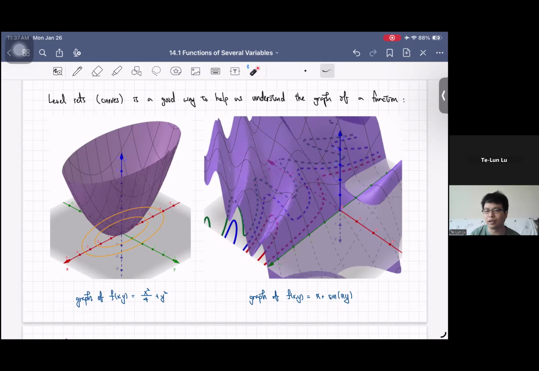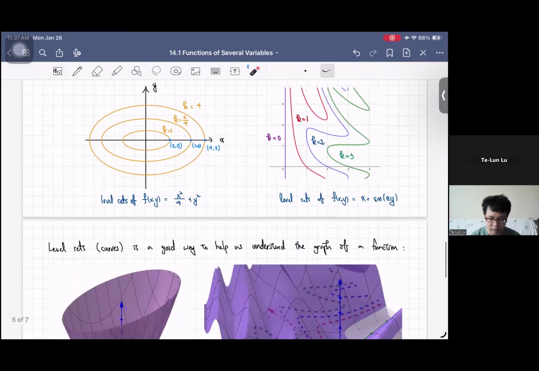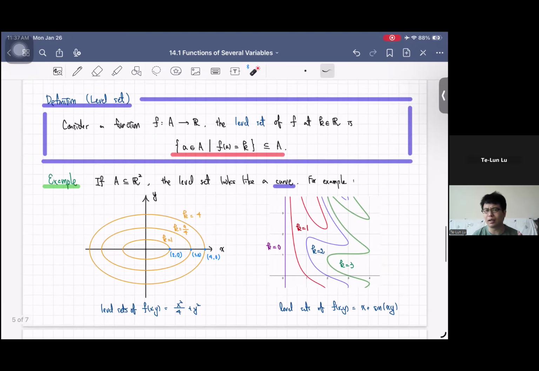And then you get this strange kind of graph thingy. So basically level set, or more particularly level curve, is just finding some particular curve that represents the height of the function. And by connecting those heights, you will get the graph of the function. It's a way to understand the graph of the function through a low dimensional projection.